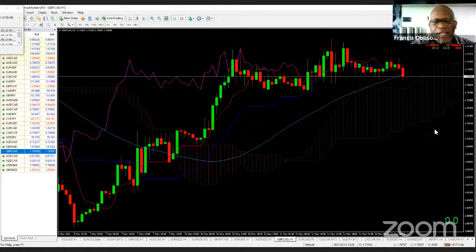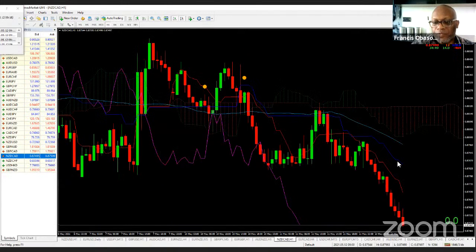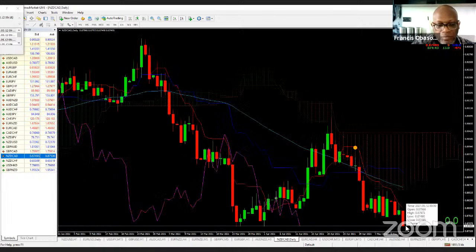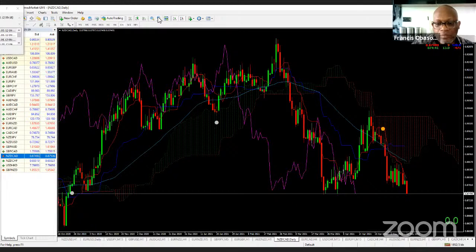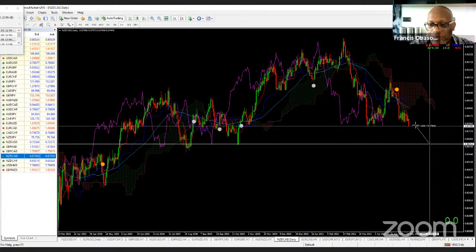That's basically for price to get into areas or levels where you can actually pull the trigger. That's what it is to wait for the price to come to you.